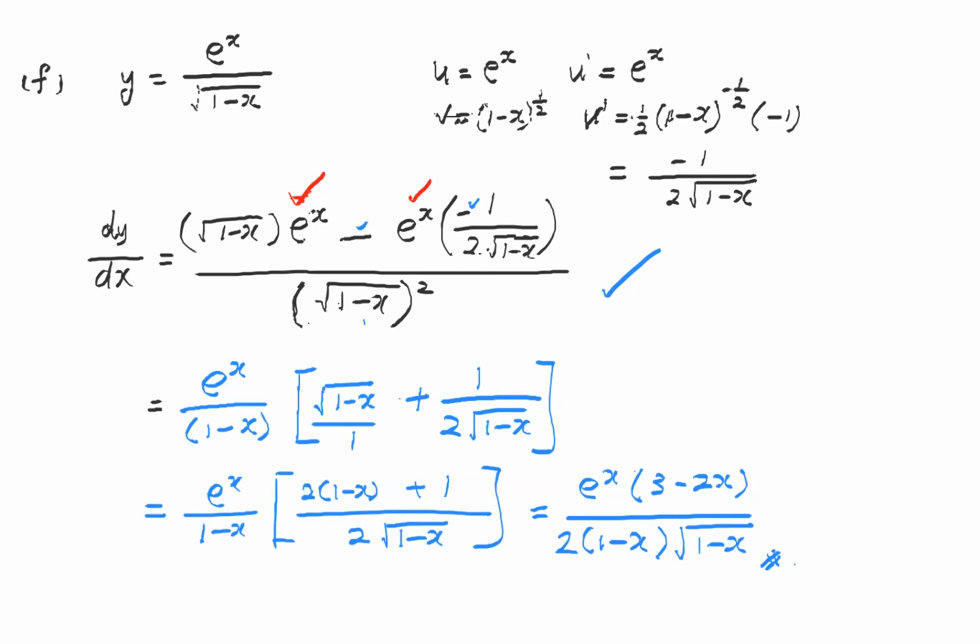Teacher, this question can use product rule, right? Cannot. Hello? What? You want to use product rule is your choice. I leave it to you. The marks is the same, I will give you the same as long as you can simplify until this stage. I don't care.